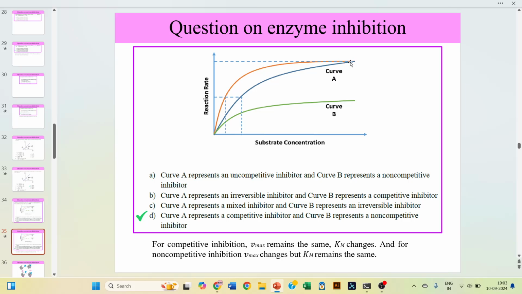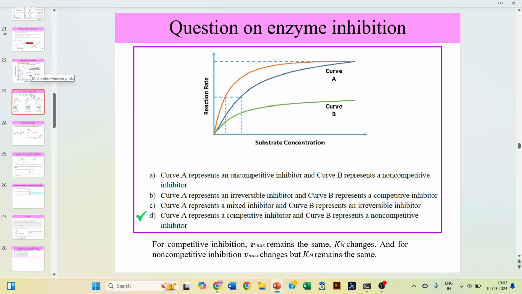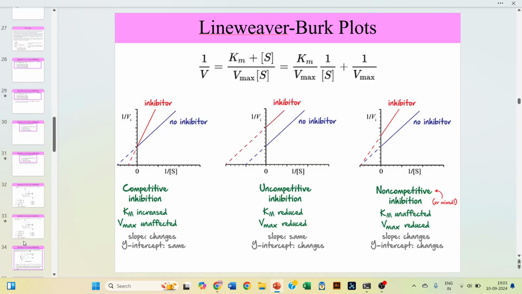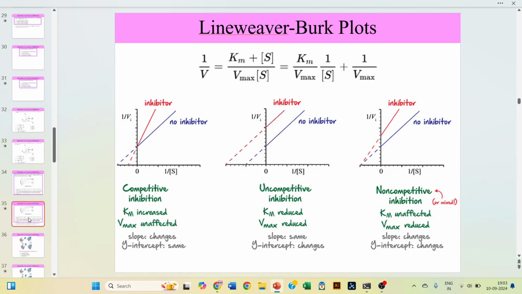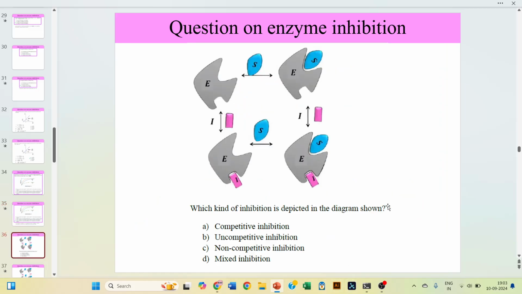Both Vmax and Km are supposed to decrease when it comes to an uncompetitive inhibitor. Both of these reduce, right? So yes, you are correct. This is definitely a non-competitive inhibitor. So we'll go to the next one.